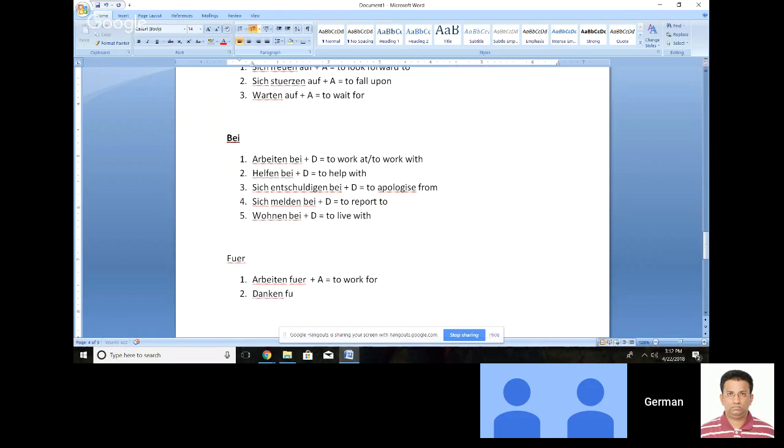Danken für plus accusative, to thank for. Sich interessieren für plus accusative, to be interested in.